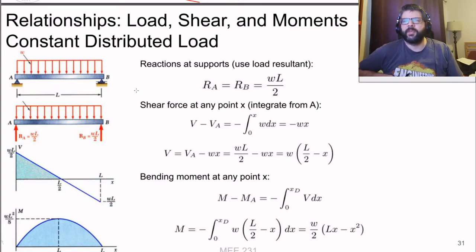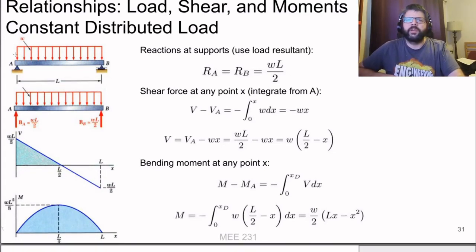Just based upon what we know of how distributed loads work, if we have just a uniform distributed load over an entire beam, then the reactions at A are going to be equal. There's a vertical reaction, obviously, so it'll be WL over 2.